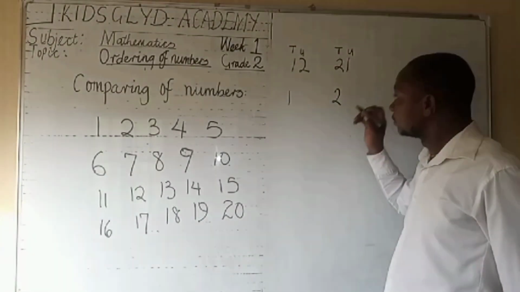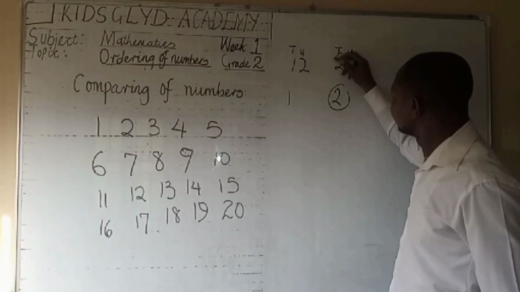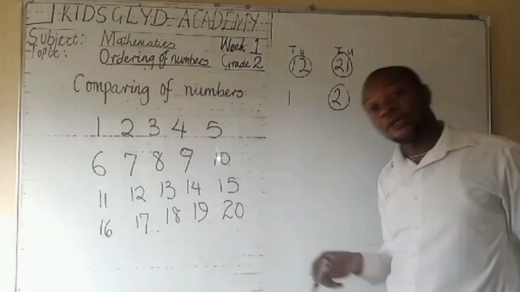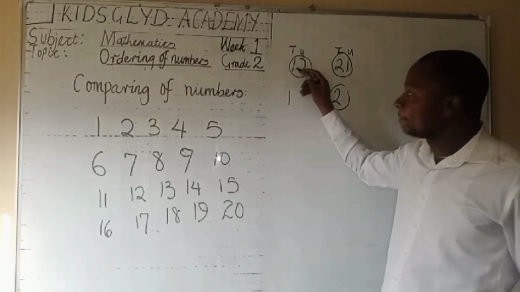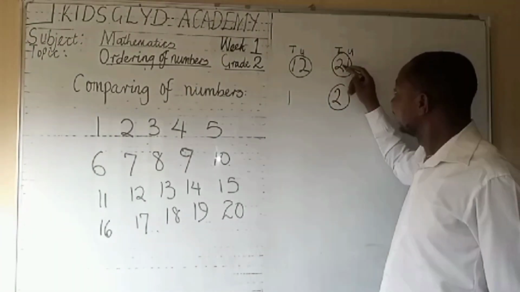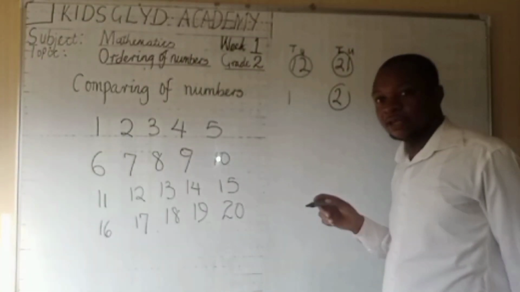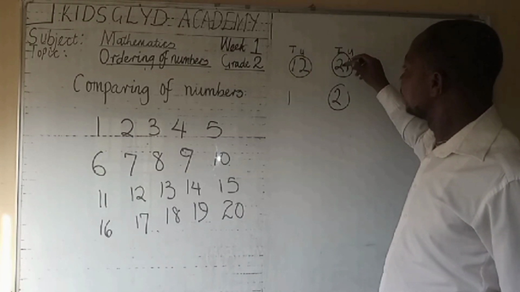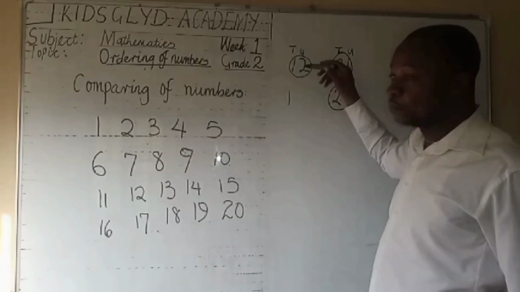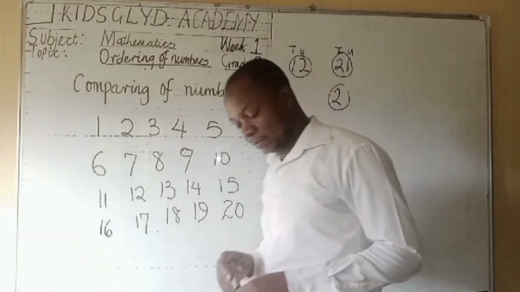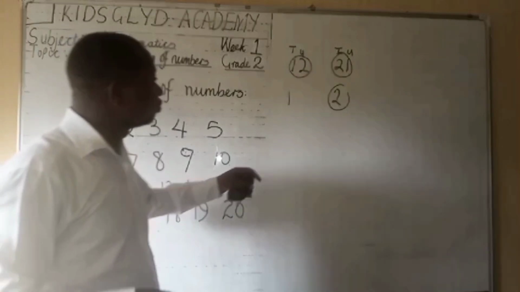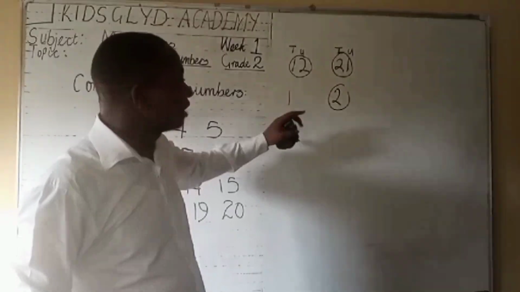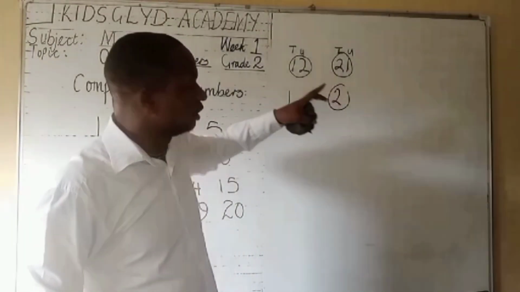If 2 is greater, that means this set of numbers is greater than this other set of numbers. Because if this is the father, this is the child, this is the father, this is the child, there is no way the father here will be small and the father here will be big, when the child here will become bigger than the child here. So, once the first numbers are 1 and 2, 2 is greater than 1, that means 21 is greater than 12.